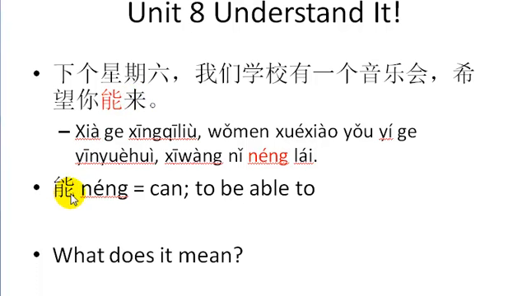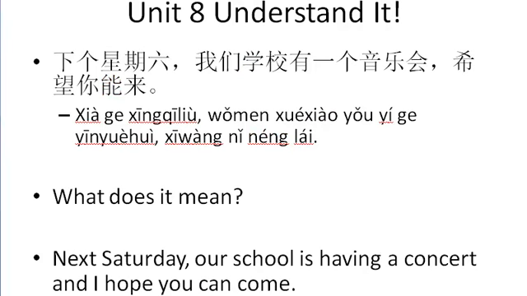Okay? Why don't you pause and write down what you think this sentence means in English. Next Saturday, 下个星期六, our school is having a concert, and I hope you can come. Okay, I'm sure you had something close to that.